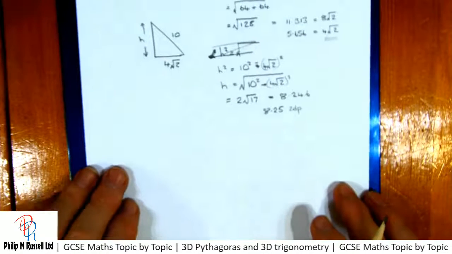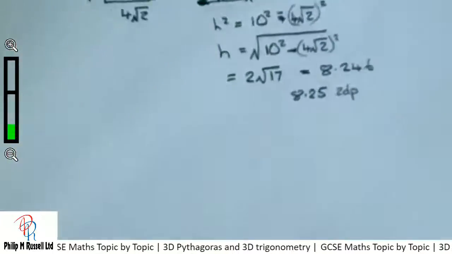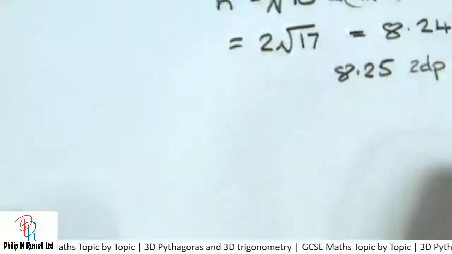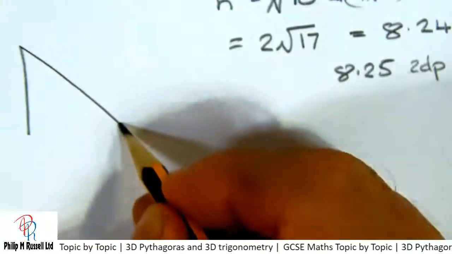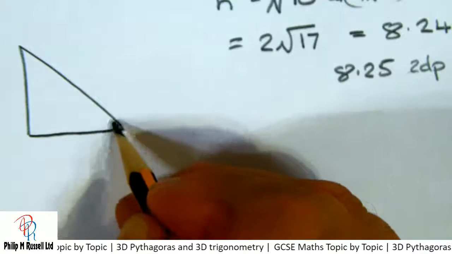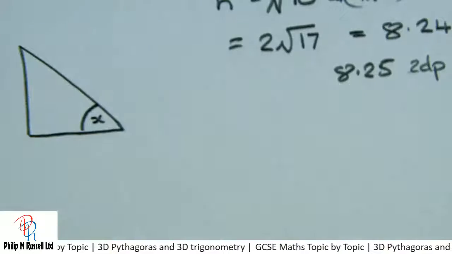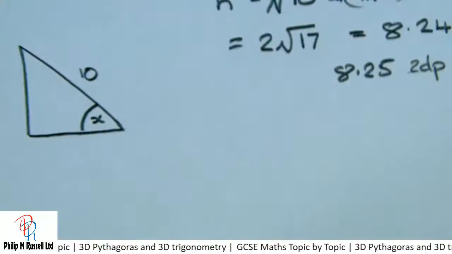Let's go and have a look at how we would try this. So I've got my triangle. We need to work out what this angle is, angle X, and I do know that this is 10.